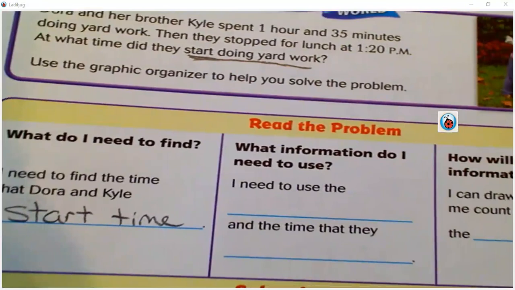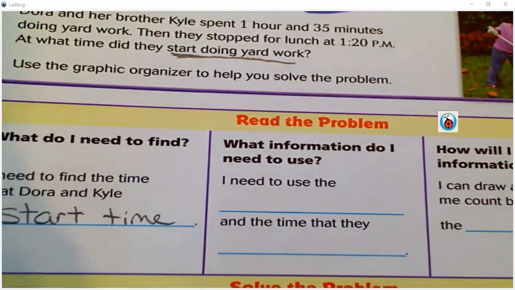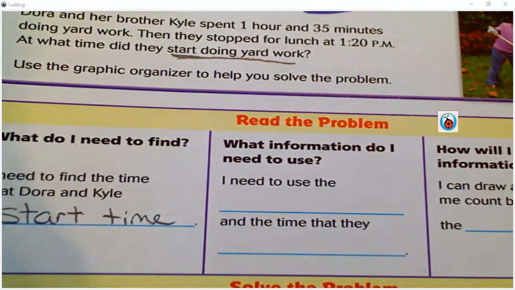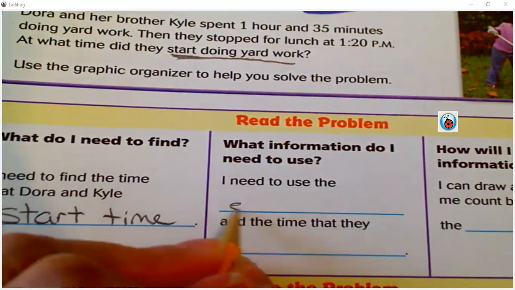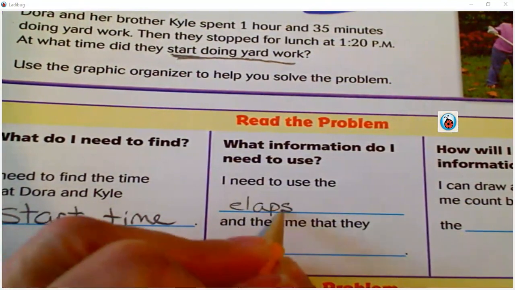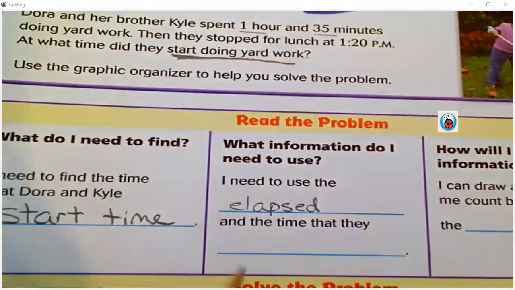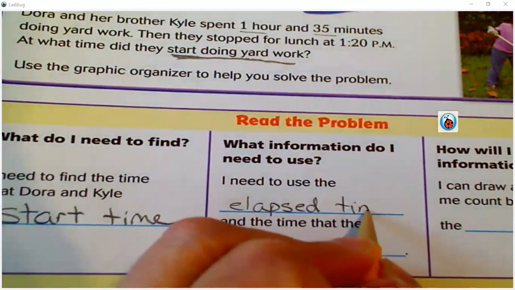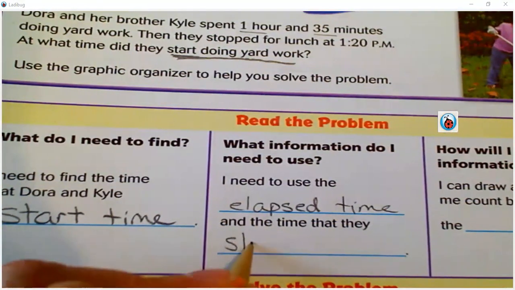Okay, and what information do I need to use? Well, I need to use the elapsed time, so the time that's gone by, in other words, that 1 hour and 35 minutes, and the time that they stopped for lunch.